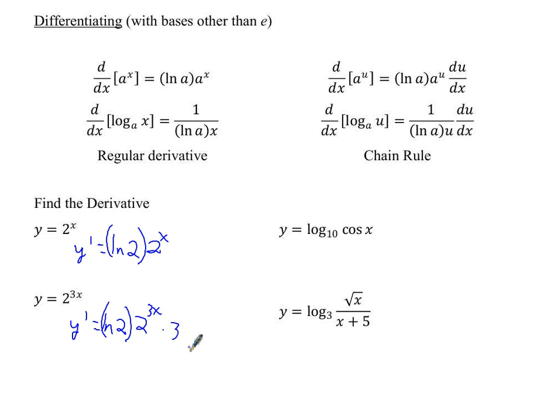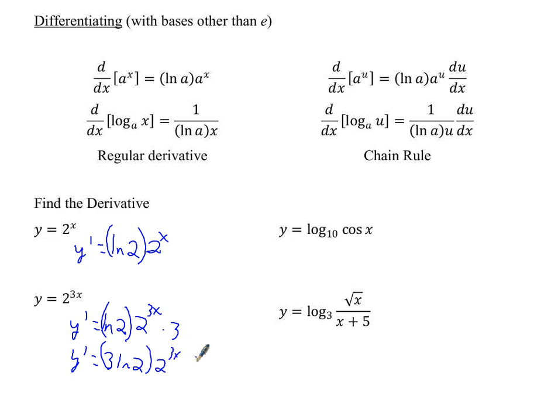So now I need to try to simplify that somehow. I don't have a 3x anywhere. y prime equals, the 3 can be written out front, 3 natural log 2 times 2 to the 3x.